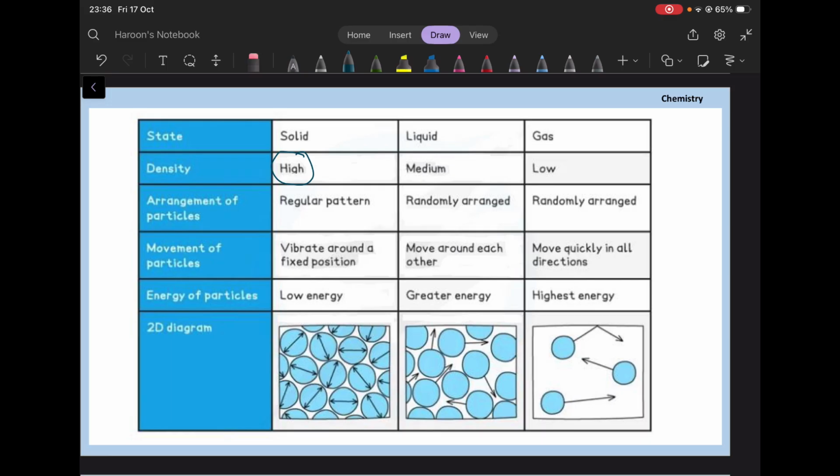So for a limited volume, solids have the highest mass because the particles are close to each other, so there are close to no empty spaces in between. That is why their density is highest. So the closer the particles are to each other in a confined space, the greater the density. Liquids are somewhere in between, and gases have the lowest density, right?